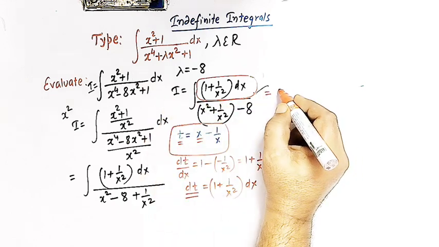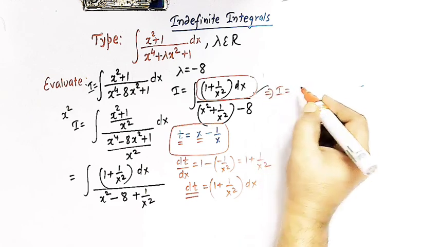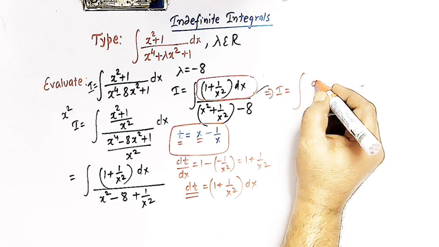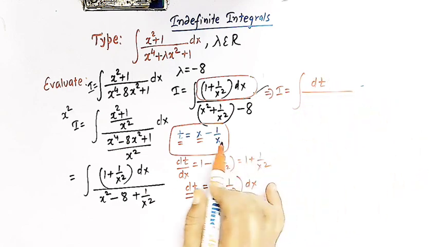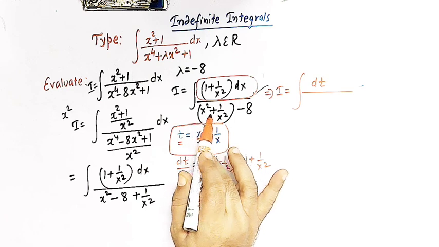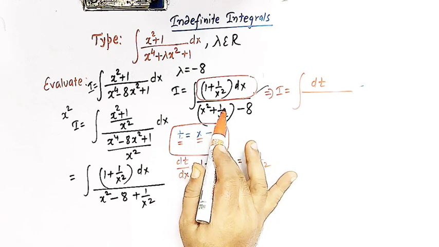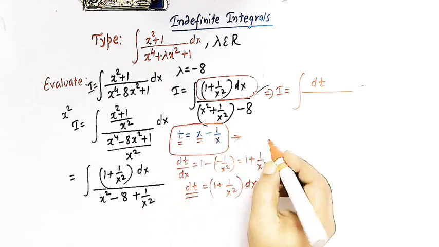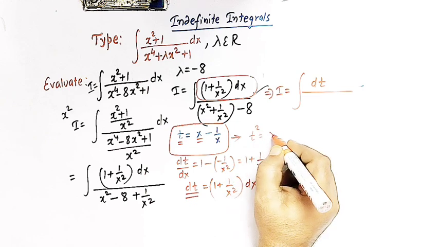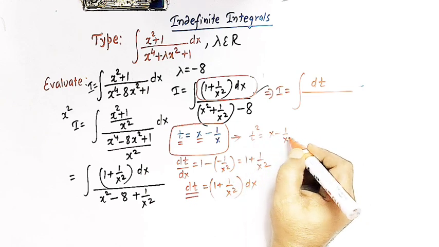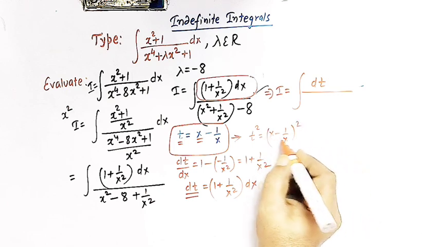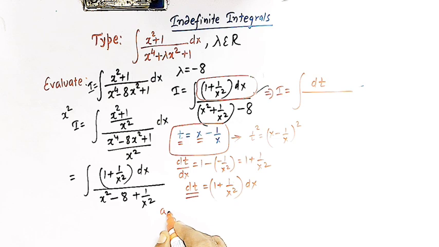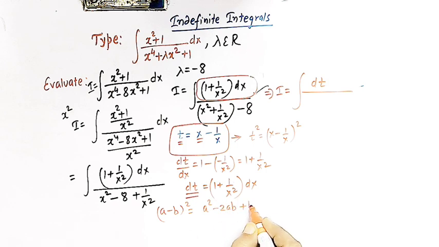So now this integral I is equal to integral dt, and now let us take care of the denominator. Now in the denominator we have x square plus 1 over x square. So what we will do, we'll take the square of both sides. So here we have t square, and here we have (x minus 1 over x) square, and here we'll make use of the identity, that is (a minus b) square is a square minus 2ab plus b square.